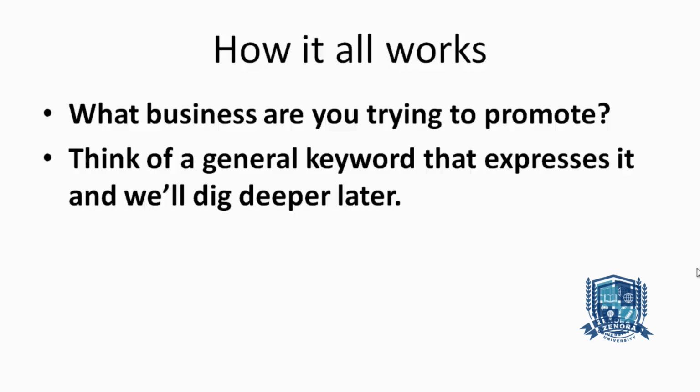So I want to keep my general keyword in this sense to something like puppy. If I keep it to puppy, then that will give me a bird's eye view of all of the other keywords that might relate to puppy training. It might not be puppy training, but it might relate to it in some sort of fashion. So that's what I mean by general keyword.